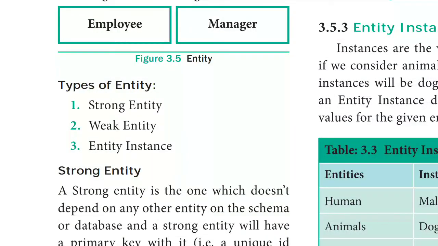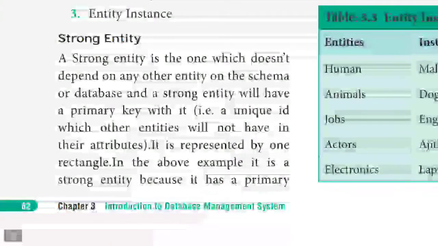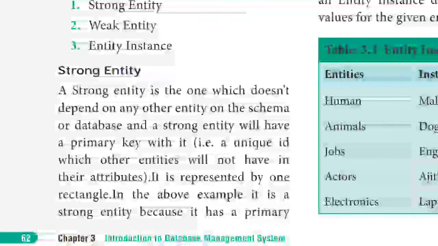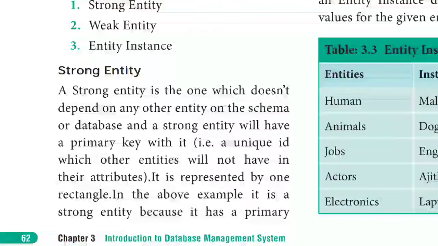Next is types of entities. There are three types of entity: strong entity, weak entity, and entity instance. We'll see them one by one. A strong entity is one which doesn't depend on another entity in the schema or database.